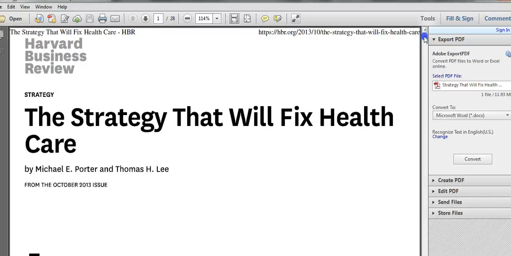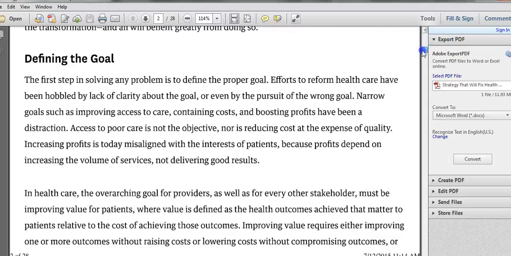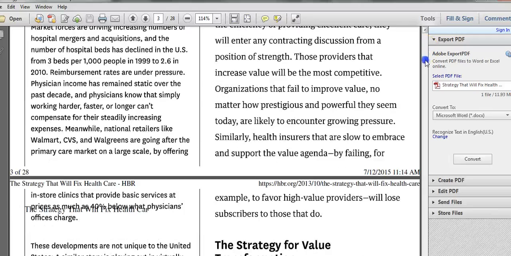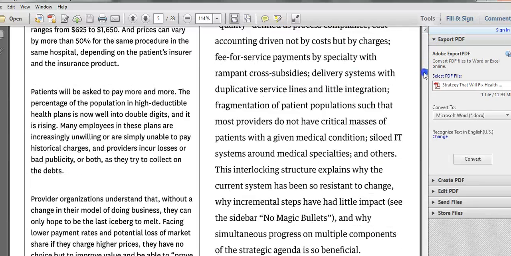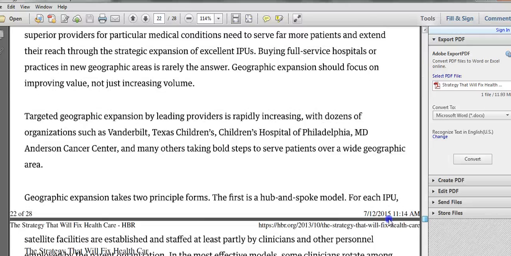Porter and Lee talk about the strategy that will fix healthcare. Interesting read. Please read this article and spend some time. It's a 28-page article. That's the reason I only kept two articles for this week, because I want you to read this and understand what they're trying to say, and how technology can fix healthcare.